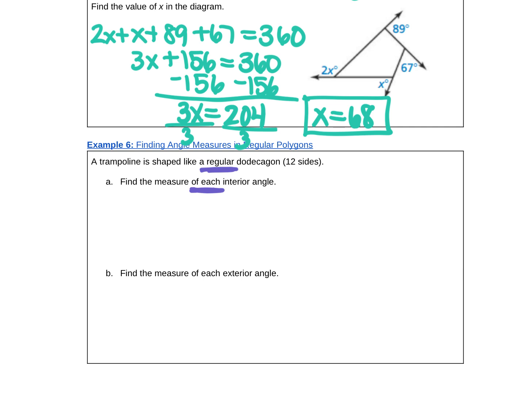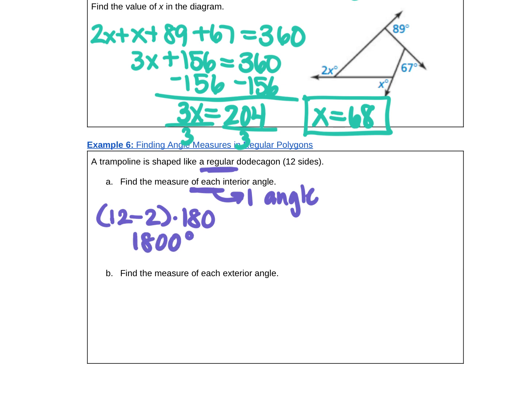Each means one angle. So we're going to start with our formula, 12 minus 2 times 180. I'm going to plug it right into the calculator, because I like less work. 1800 degrees.